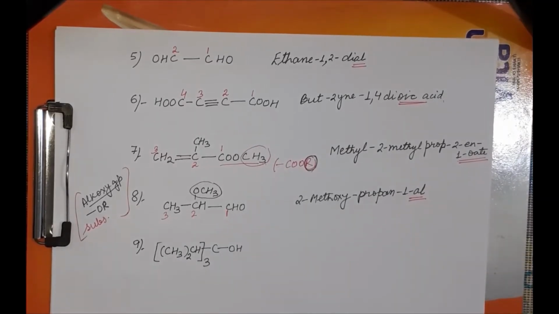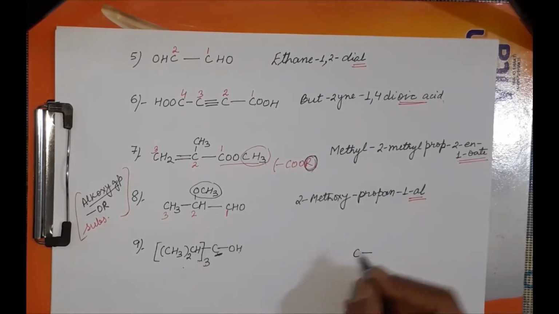Now coming on to this compound. This is a bit complicated compound, so first we will try to write it in a simpler way. This carbon has 1 OH group, and this unit is attached to this carbon, and 3 units of this are attached to this carbon.